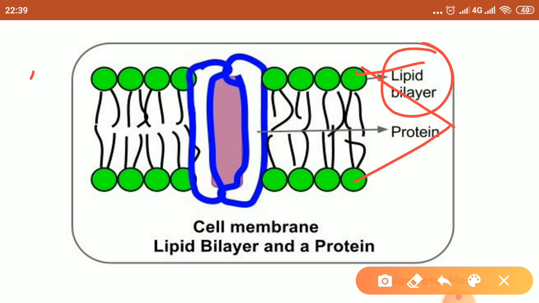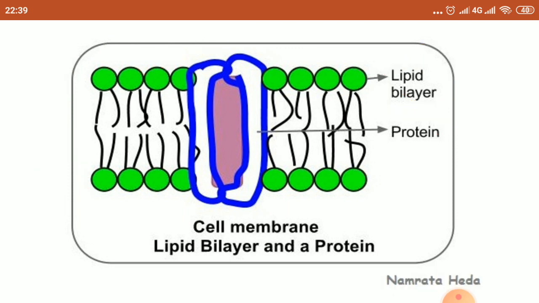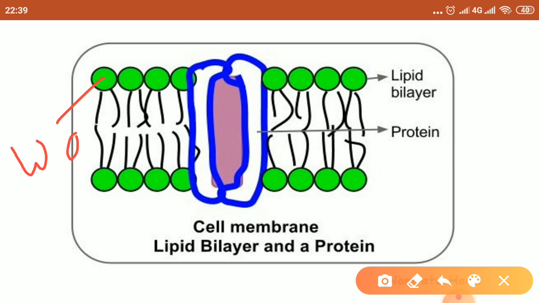This particular molecule is the lipid molecule, this is the head part, and this is the tail part. Now as per this structure, the head part is the water loving part. This is the water attracting part, fine, and this tail part is the water hating part.